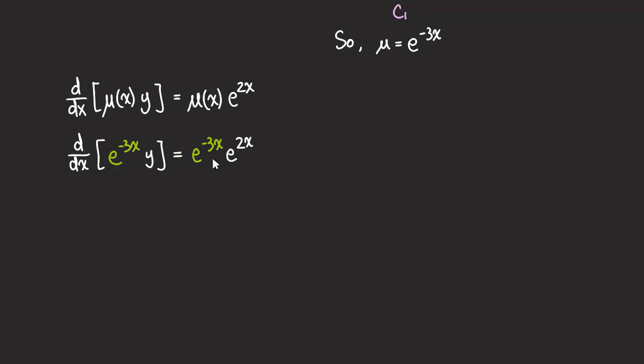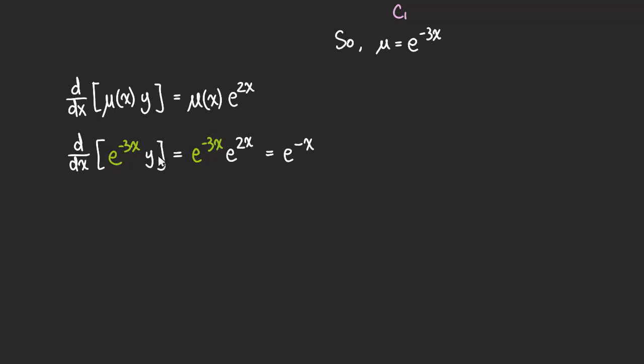Okay, as you can see, we can actually simplify this. We write it as e to the negative 3x and then positive 2x; we add the exponents together and get e to the negative x here. So now we can integrate both sides of this equation, because this is taking the derivative.